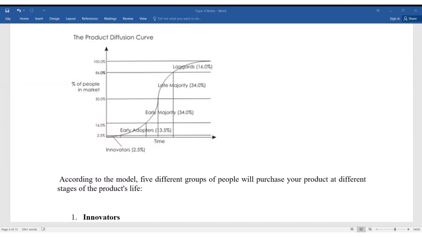As in the diagram, they tend to be a small group of people. They represent around about 2.5% of all the customers in the market.